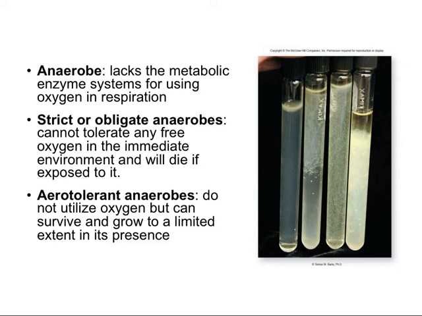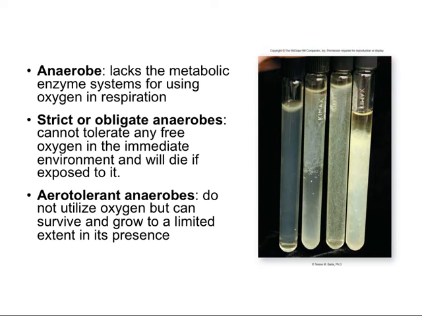This figure over here on the right shows us some cultures growing on thioglycolate. Thioglycolate is a reducing agent, and when it's placed in these tubes that are exposed to air, then air can make its way in there. But as you get deeper into the thioglycolate, there's less oxygen present.